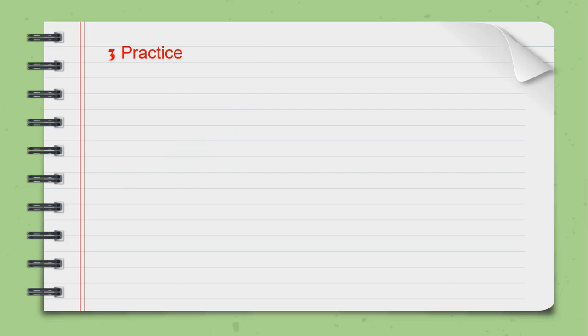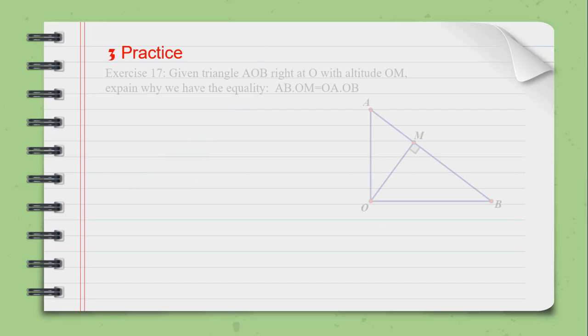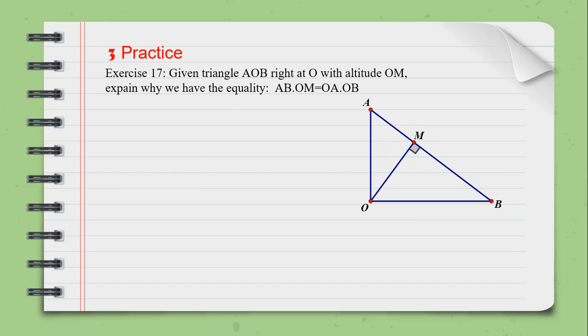Now let's go to the practice. Exercise 17. Given triangle AOB right at O with altitude OM, explain why we have the equality AB times OM equals OA times OB.